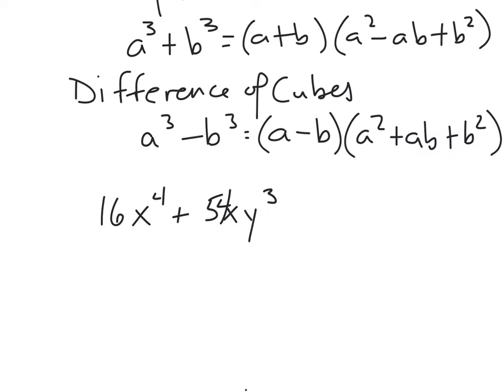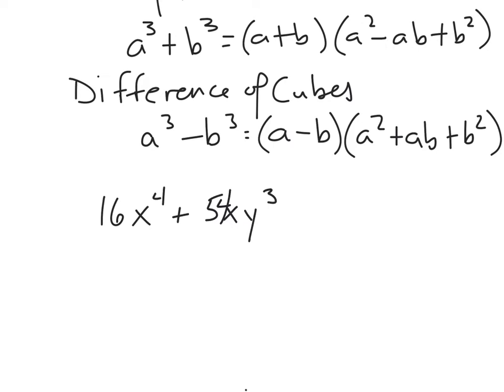All right. Now, first and foremost, we should always look for what? Yeah, Arshdeep? GCF. No matter what, you always want to be looking for a GCF. And so, is there a GCF in this particular problem? What is it?